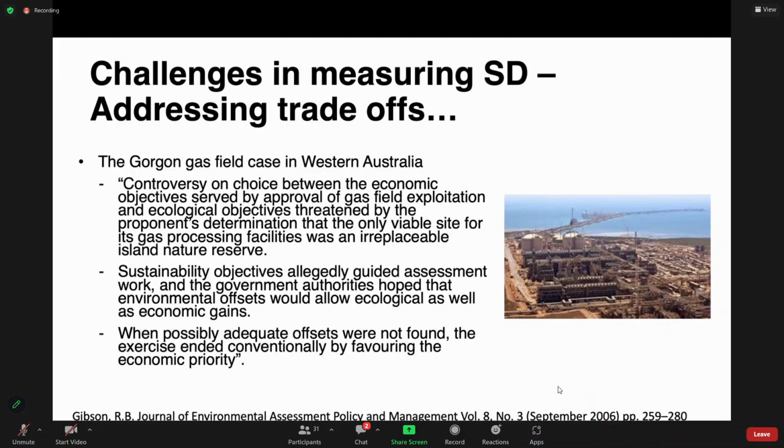During the project assessment, they considered sustainability objectives. The government authorities said that, yes, there are environmental impacts on ecological sites, but they hoped these would be balanced out by the offsets and by whatever economic gains you can get.